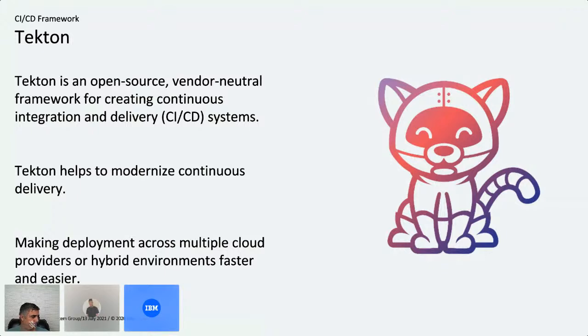And it also allows our developers to build, test, and deploy their code on the cloud as well as on-prem. So what it aims to achieve is to modernize our continuous delivery techniques as a whole, right? This makes our deployment across multiple cloud providers or hybrid cloud environments faster and easier in this regard. Okay.